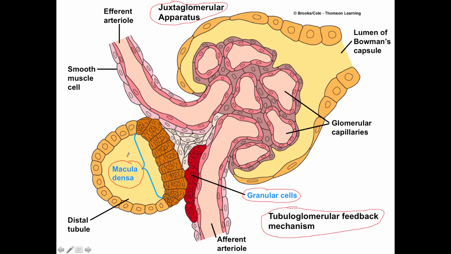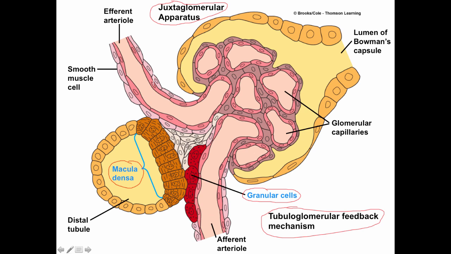Now, if the opposite happens, if arterial blood pressure decreases, less blood enters the glomerular capillary, blood pressure goes down, GFR goes down transiently, and the fluid flow rate through the distal tubule will go down. The macula densa cells sense that decrease in fluid rate and stimulate the granular cells to release a vasodilator.